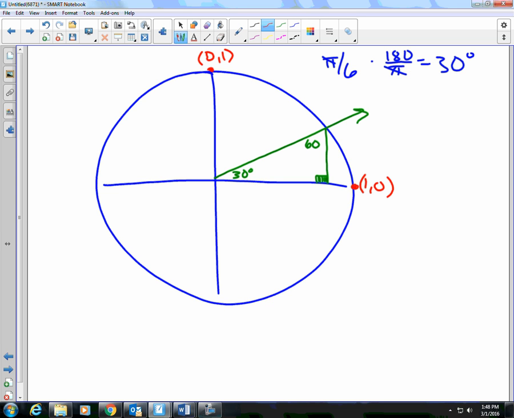So what is the length of the hypotenuse of that triangle? Always 1. What's the easier one to find now? The longer side or the shorter side? Shorter side, I divide it by 2, and I get 1 half. What do I do to the 1 half to get the larger side? Multiply by the root of 3, I get the root of 3 over 2.